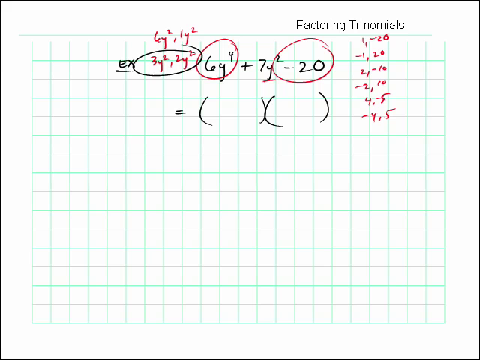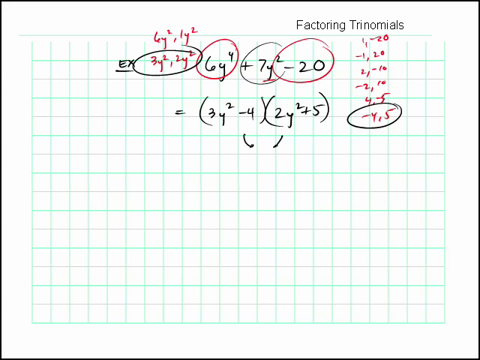I think I'll try the 3y squared and the 2y squared. And keeping in mind I need a 7y squared in the center, I'm going to try the negative 4 and the positive 5 there. Let's check and see if I have the correct middle term.